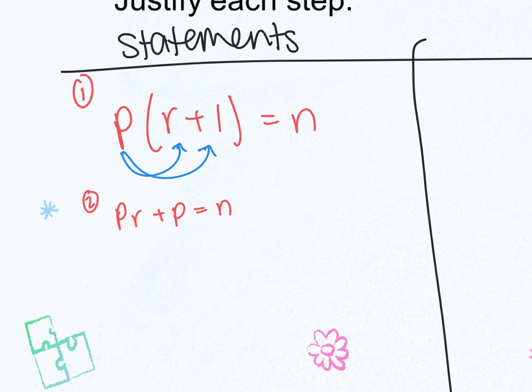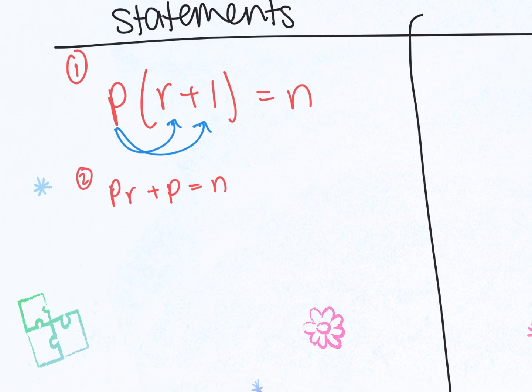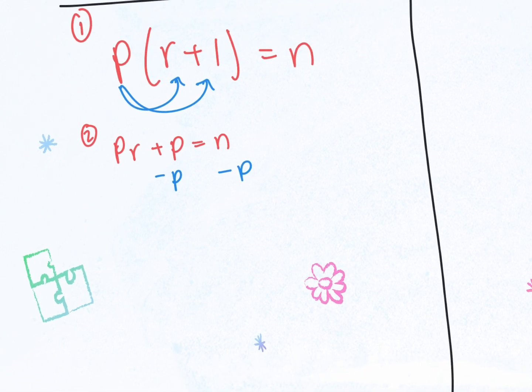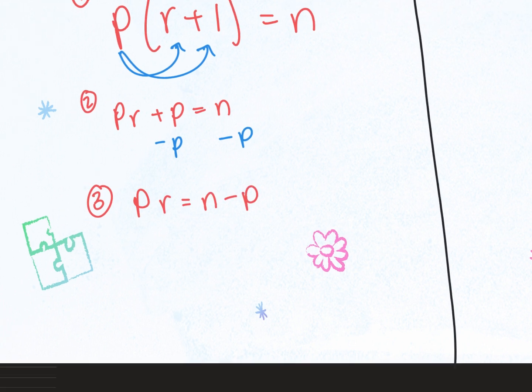Subtract 1. Okay, so remember, P times 1 is P. It's 1P. So I'm not subtracting my 1, I'm subtracting P. So for this one, I'm going to go ahead and subtract P to both sides. Remember, we're trying to get R by itself. So my step 3, I'm going to have PR equals N minus P. Looking at the next one, what should I do?